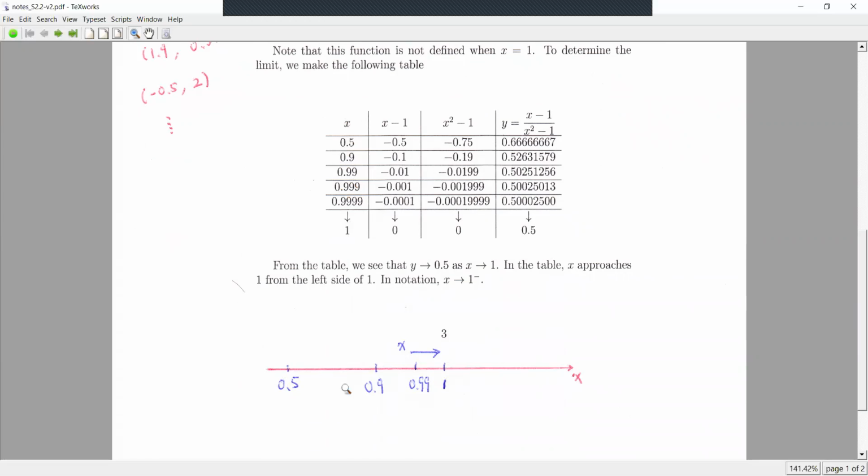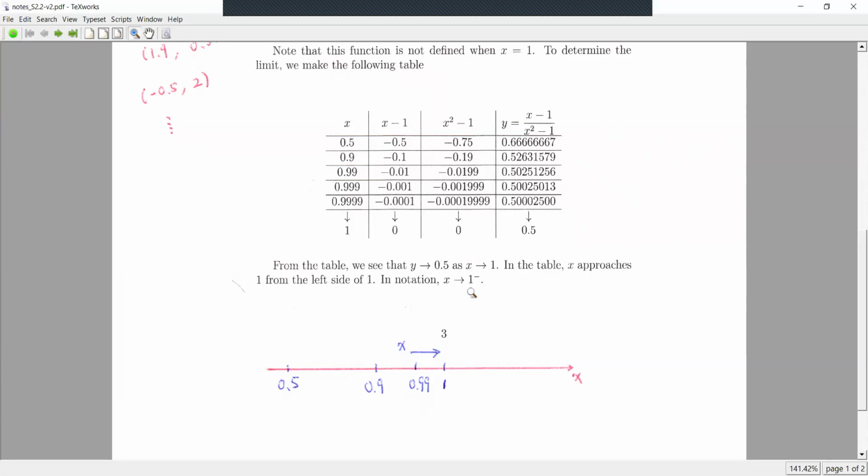It is on the left of 1. 0.9 is this point on the left of 1. 0.99 is on the left. 0.9999 is still on the left of the number 1. So in this table, I let x approach 1 from the left side. In notation, x approaches 1 from the left.